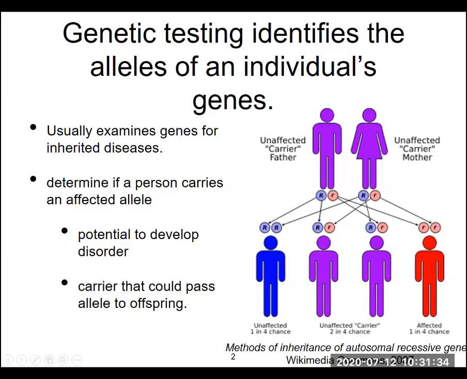This individual, on average about 1 out of 4 times, is going to be affected by the disease, and therefore they're going to develop the disease, or have the potential to develop it. And they're likely going to pass that trait on to their offspring. In this case, the 2 unaffected carriers are also going to have a risk of transmitting that altered gene to their offspring.